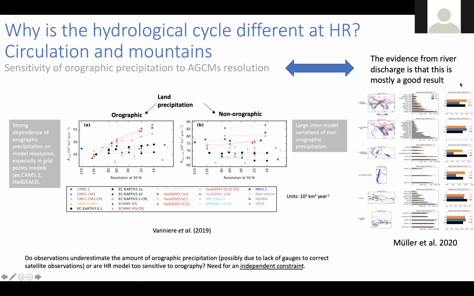If we compare globally over various catchments, we looked at hundreds of rivers throughout the whole integration period, we can easily say that compared to what was observed in the river discharge, the high resolution simulations, particularly where the orography is very prominent, definitely give us a much better estimate of river discharge than the coarse resolution simulations. And this was something that we already knew from regional modeling. It's been done in many parts of the world, but we can now do it with a global model.